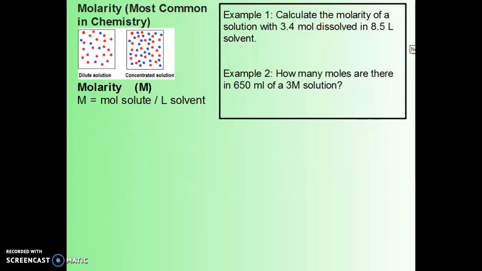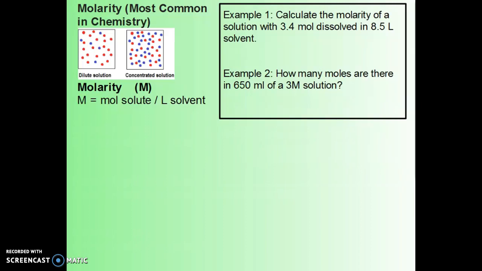Okay, so let's look at molarity and do a couple examples. So we have our equation, and we want to know if I mix a certain amount of stuff into a certain amount of solvent, and it all dissolves, what is the molarity of my solution? So for example 1, we're going to calculate our molarity of a solution when we have 3.4 moles dissolved in 8.5 liters.